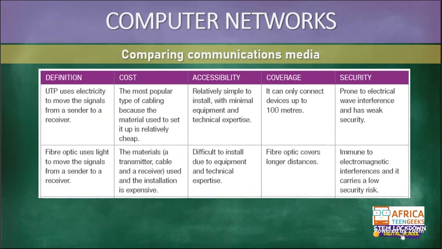It's difficult to install due to the equipment and technical expertise. And in terms of coverage, this one covers long distances. That's why it can be used to connect one continent or one location to the other. So it's not limited in terms of distance.